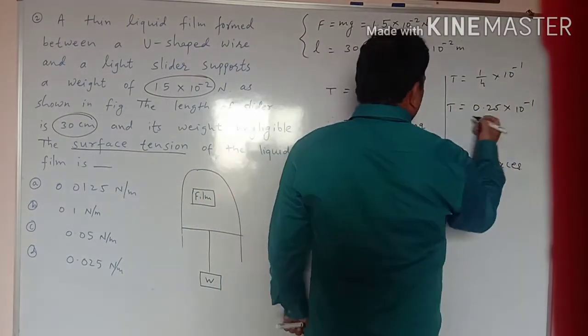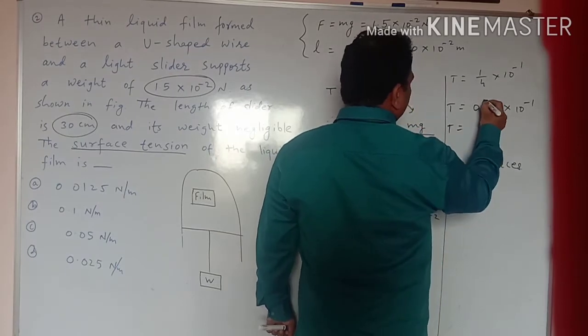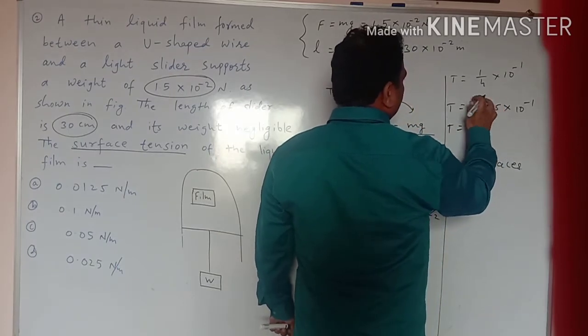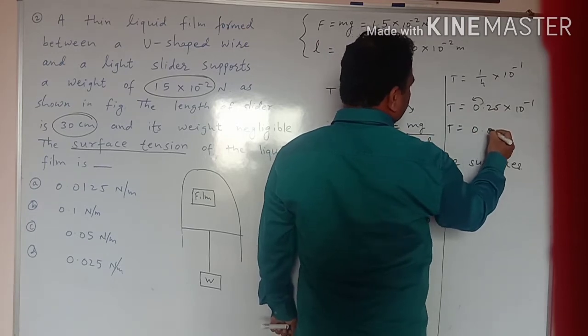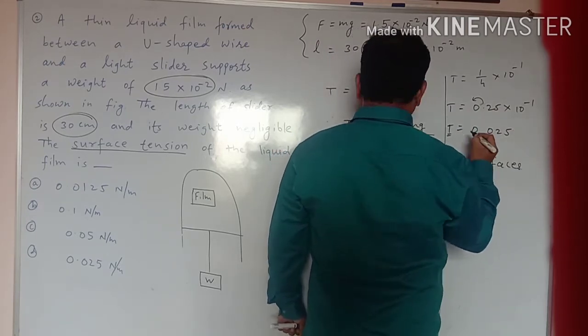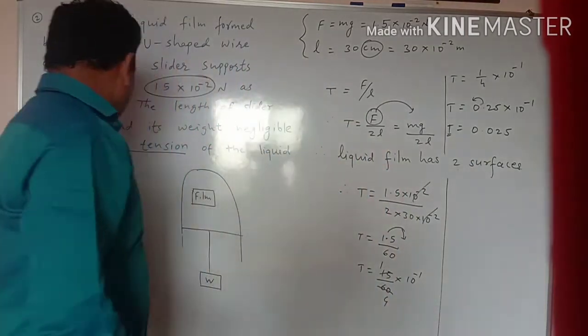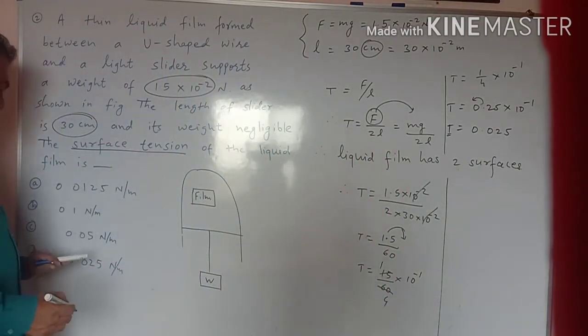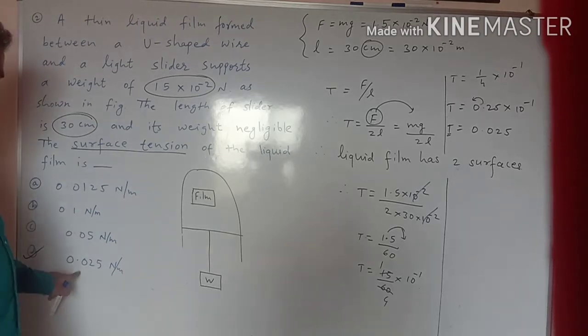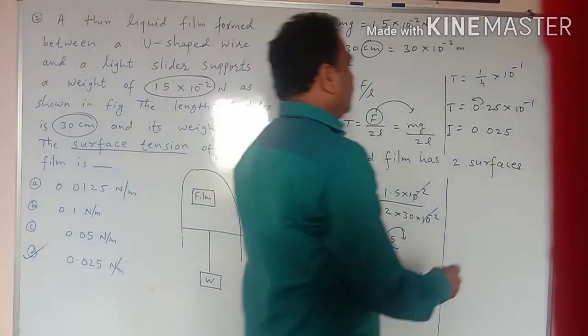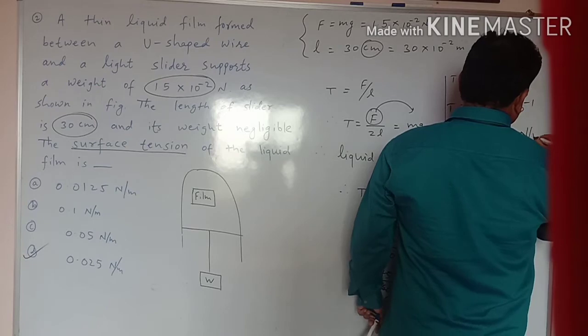So to cancel this minus 1, we shift the decimal point to the left. So we get 0.025. It is surface tension, and surface tension is measured in Newton per meter. So which one is the correct option? The last option is correct, that is 0.025 Newton per meter. So these are the calculations.